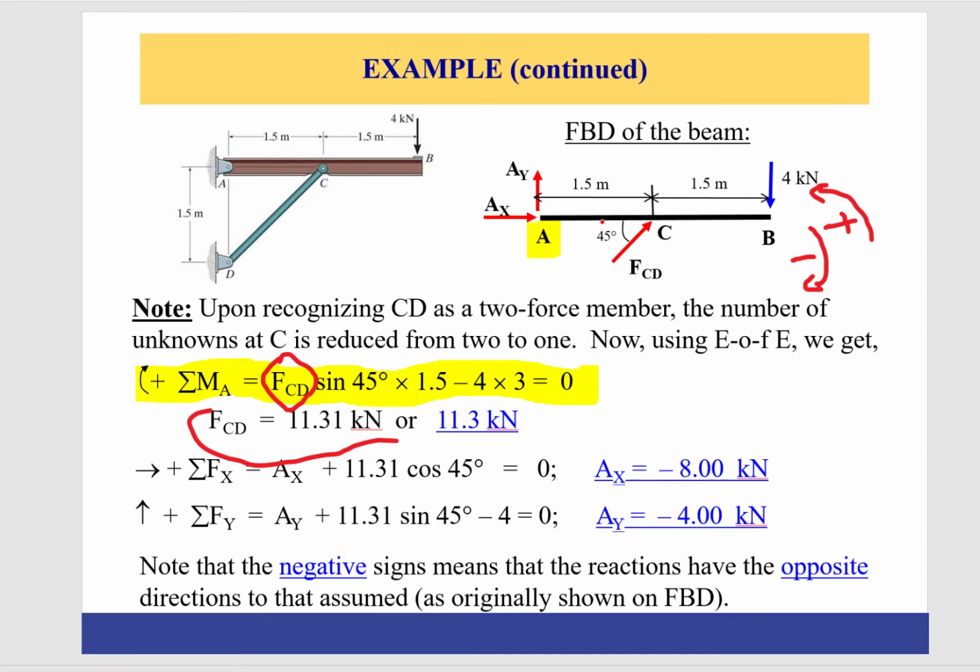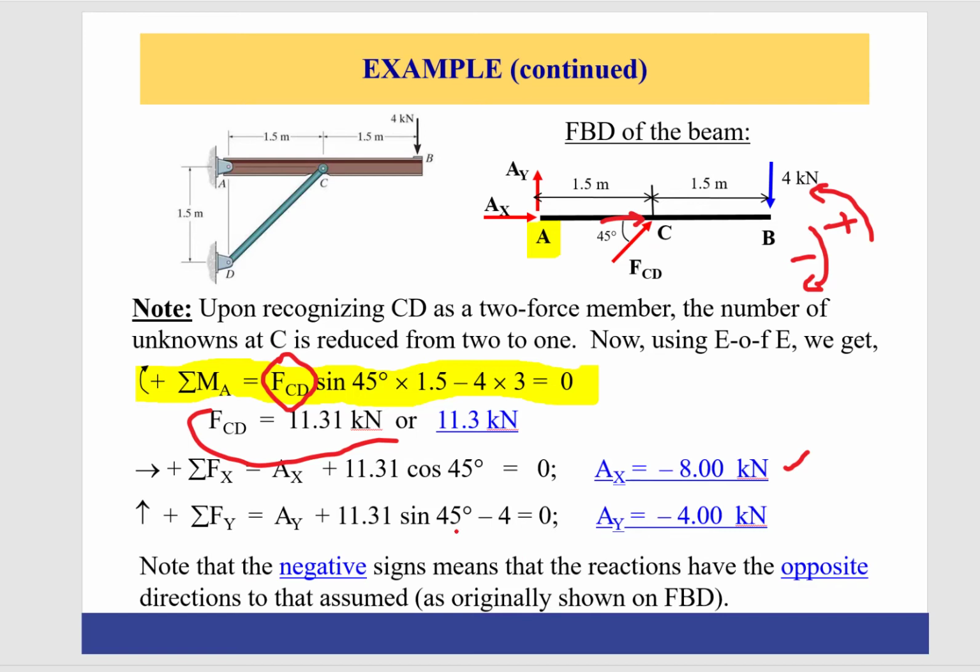So this is the component of FCD, FCD cosine 45, and that is equal to 0. Therefore we can calculate AX. And a negative result means that our choice of direction here should be flipped to the other side.